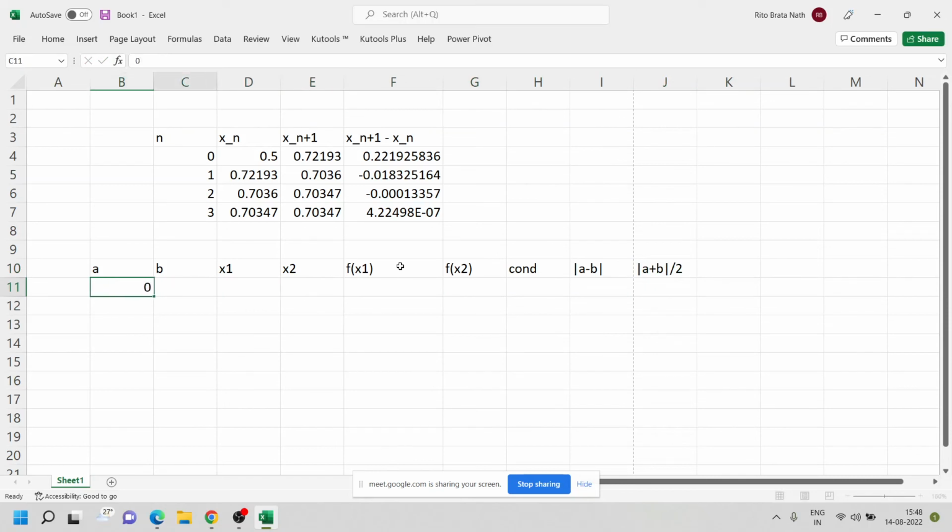So I had this as pi by 2, and your x1 will be your A. So this formula you can write it down here: A plus 0.618 times the difference between these two, so it's B minus A. This way you can calculate, and your x2 is B minus 0.618 times (B minus A).